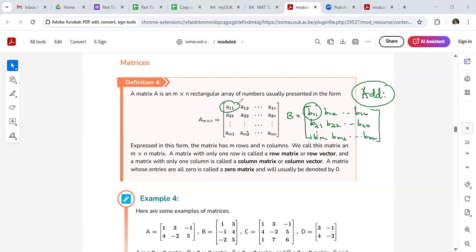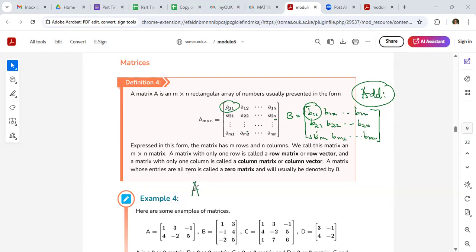And the subscripts here will guide you. So A11 means that it is the element in row 1, column 1. The element in row 1, column 2. The element in row 1, column n. The element in row 2, column n, and so on. So that when you're adding the elements, you add corresponding components.